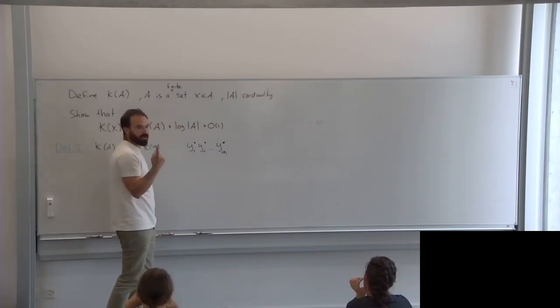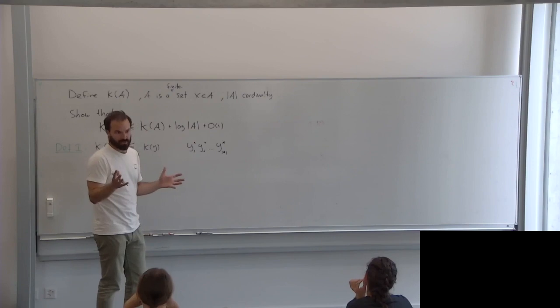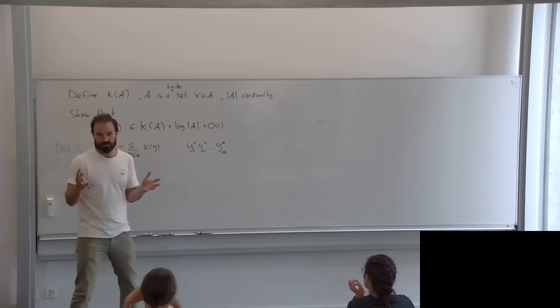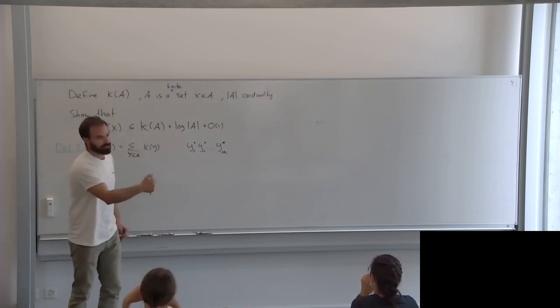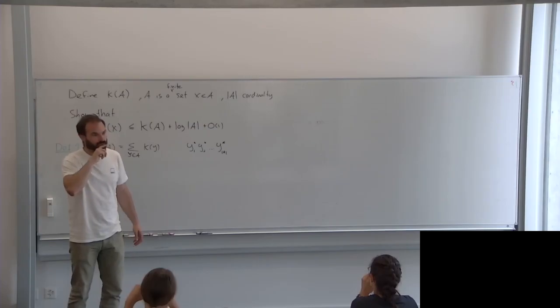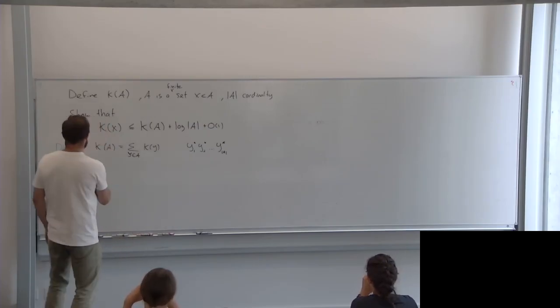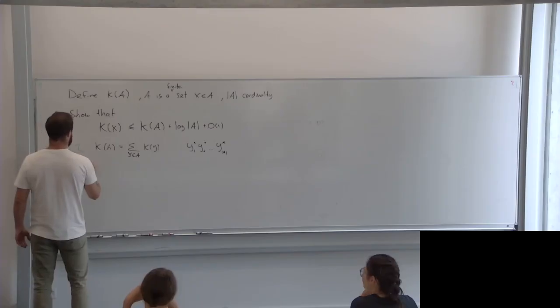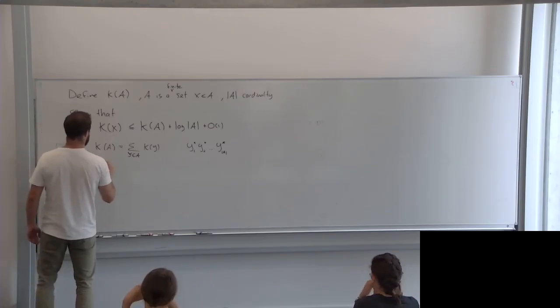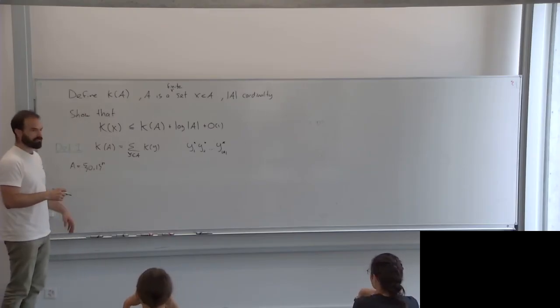That is one way to get all the elements of A: via the shortest program of each element. Is it generally going to be the most economical way? No. Suppose A is {0,1}^n, all bit strings of length n.